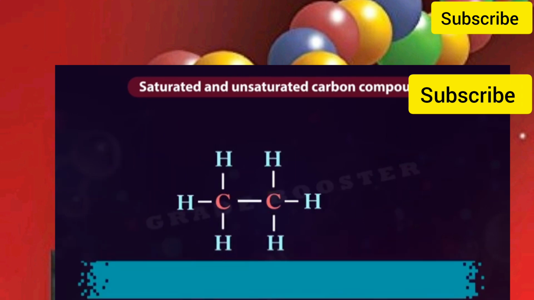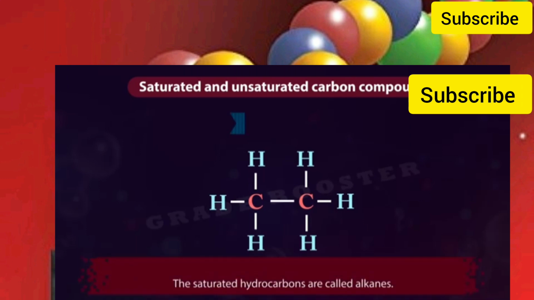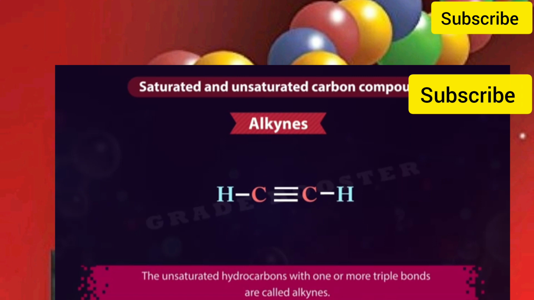So, the compounds that contain only carbon and hydrogen in them are called hydrocarbons. The saturated hydrocarbons are called alkanes. The unsaturated hydrocarbons with one or more double bonds are called alkenes. The unsaturated hydrocarbons with one or more triple bonds are called alkynes.